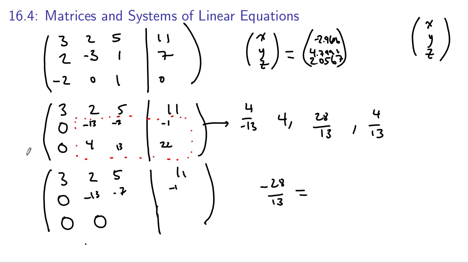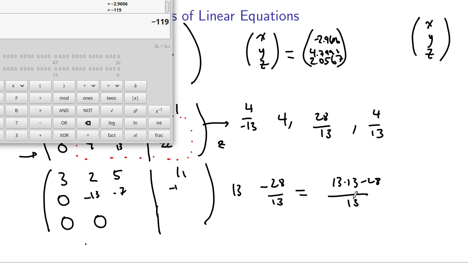We're working on this bottom row. We're taking this row, multiplying, and then we're going to subtract 4 from it. So we have 4 minus 4, 13 minus 28 over 13 will give us 13 times 13 minus 28 over 13. Okay, so 13 times 13 was 169. That was the number we had before. 141 over 13.